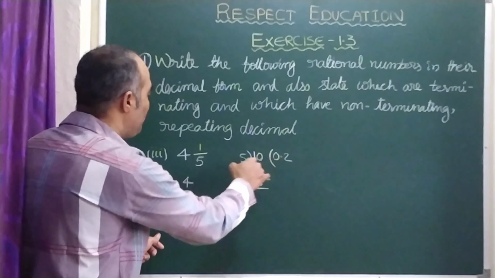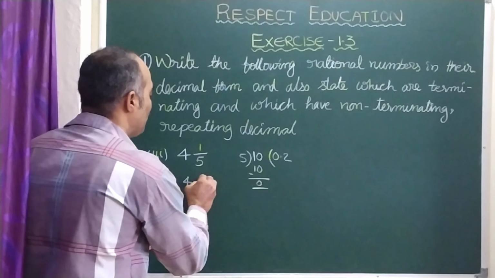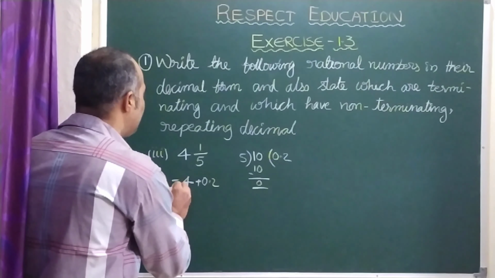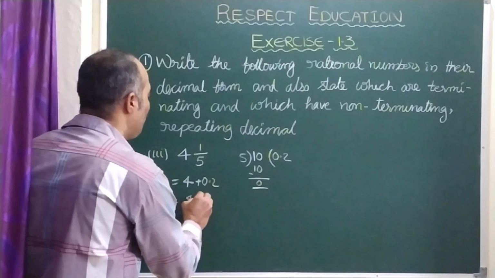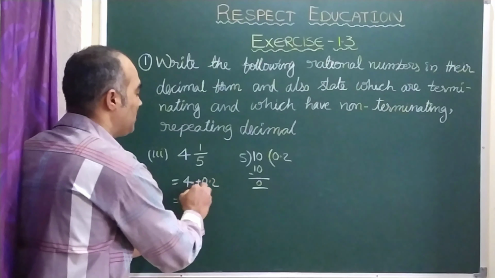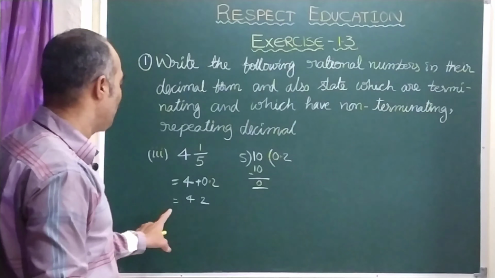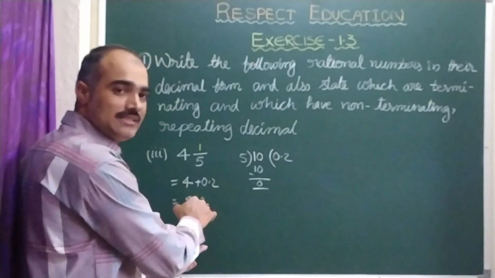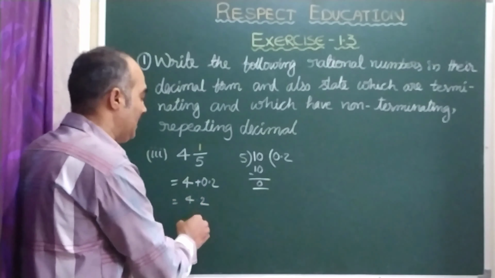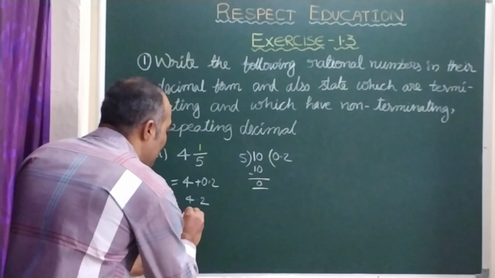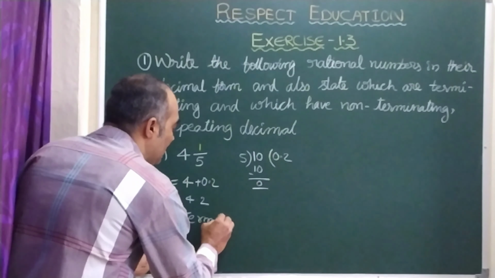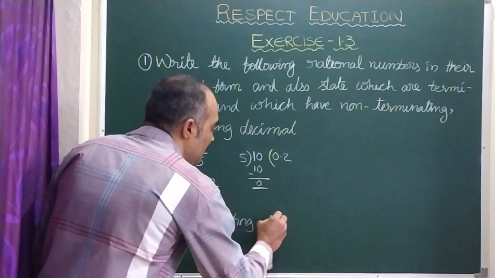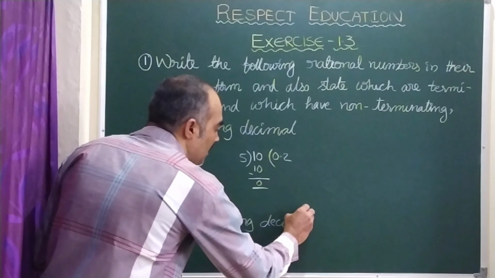So this 0.2 can be added to this 4. 4 plus 0.2 becomes 4.2. So here you see it has an ending, so it has ended, so this is also called terminating decimal.